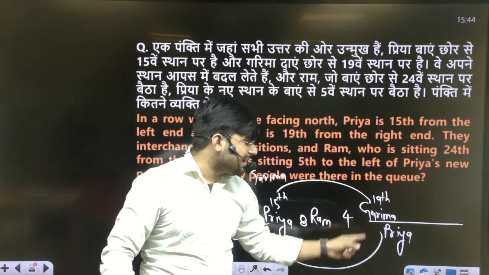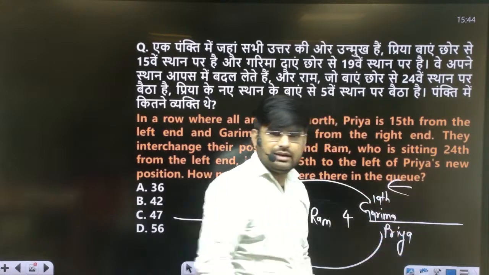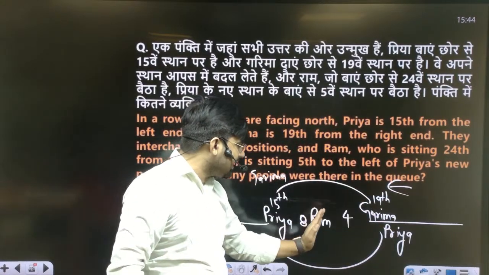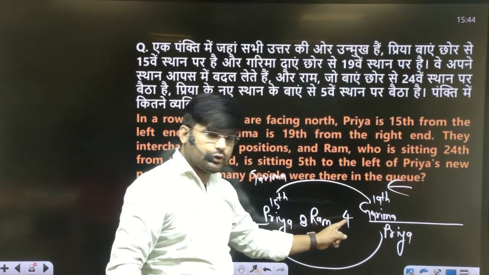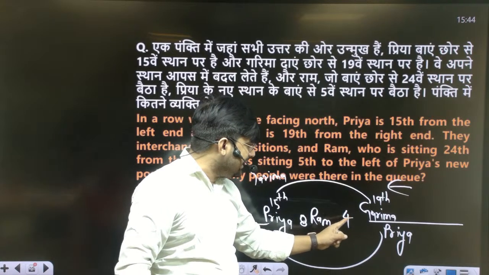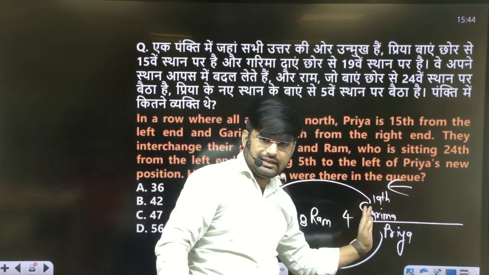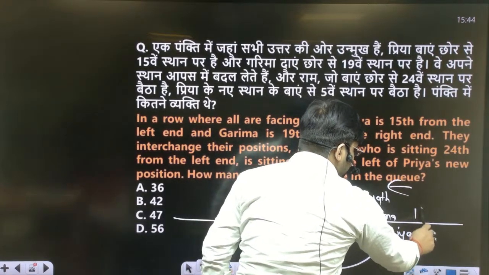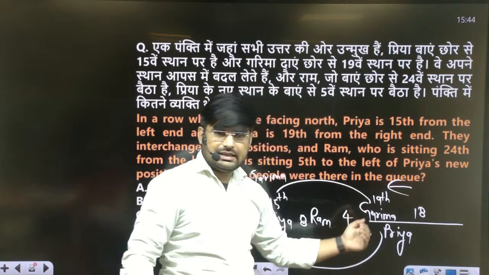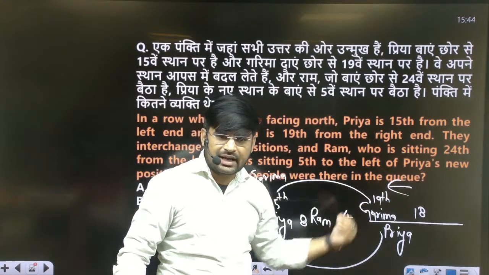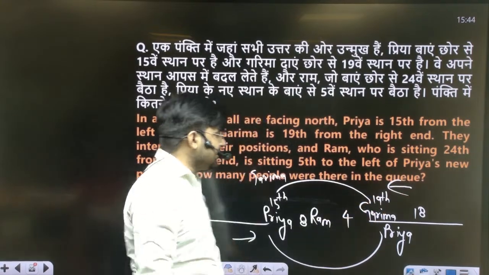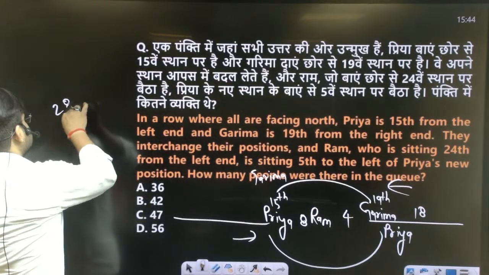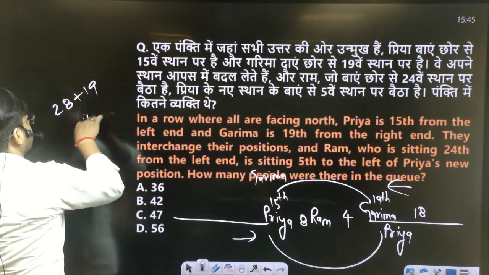Garima's rank is 19th from the right. After Ram's 24th and 4, it's 28, and 19. Because Garima is 19th from the right, it means 18 people sit before Garima. So 28 plus 19 is 47.